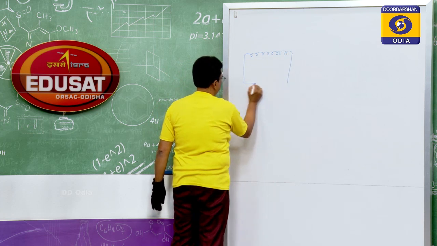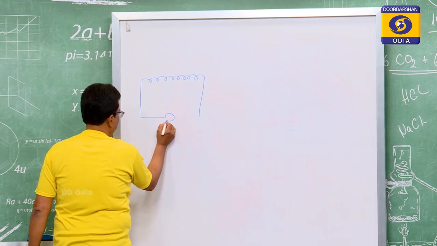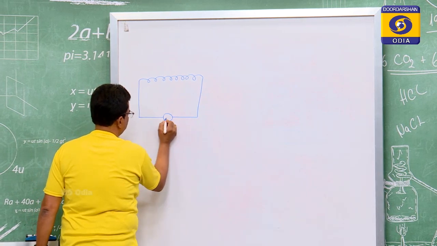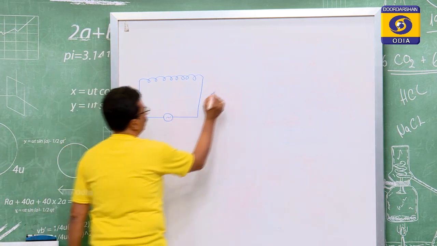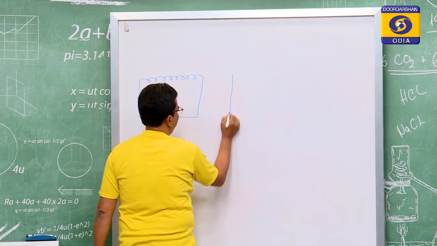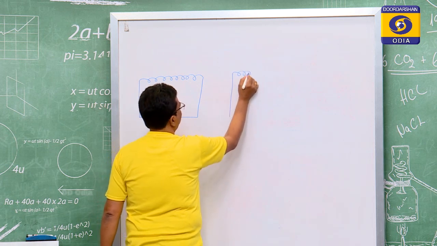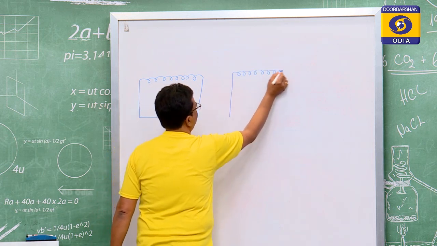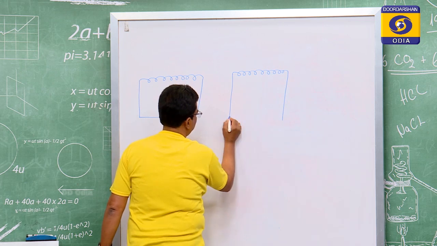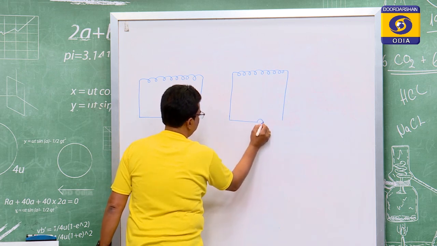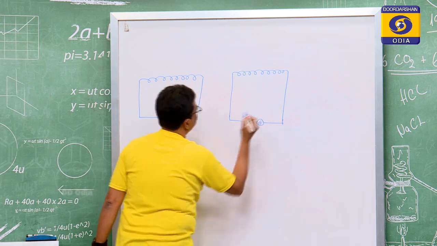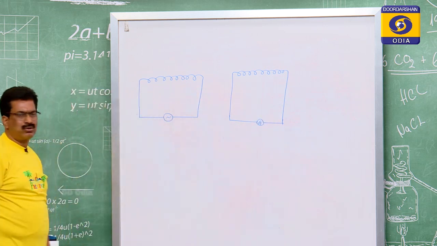So you have to take two coils. This is one coil connected with the source of alternating current. This is the second coil, connected with a galvanometer. So there are two coils.